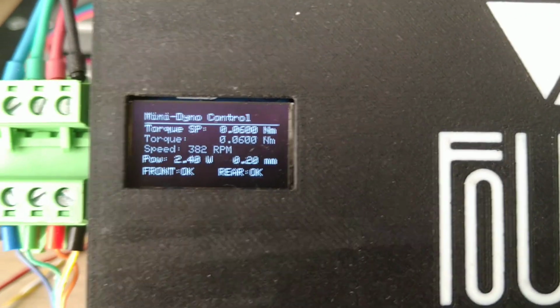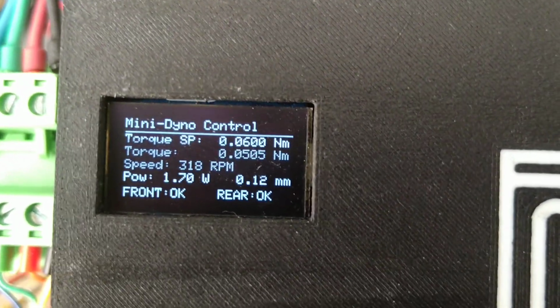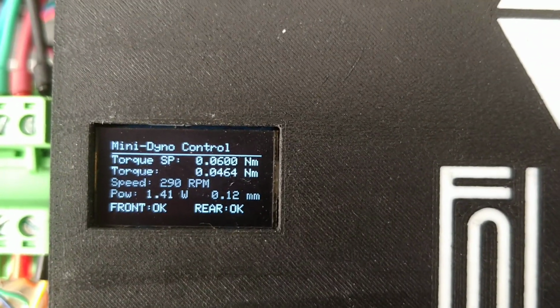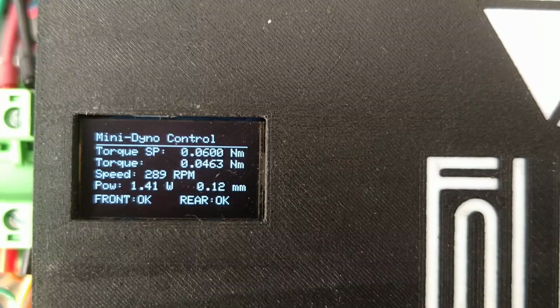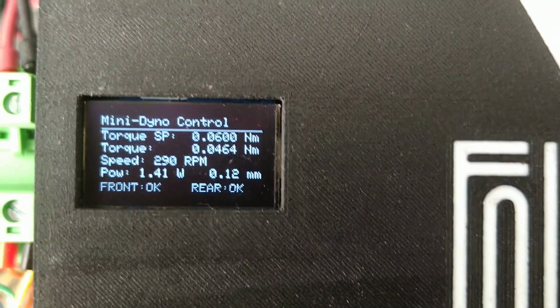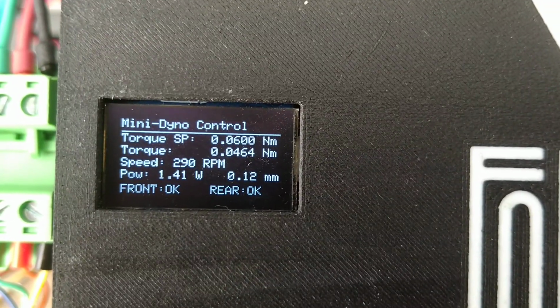And I will gradually start slowing the motor down and see what's going to happen. Now the system clearly cannot move any closer because the current gap is extremely short, 0.12 millimeters, and at this speed and at this gap the system cannot generate sufficient braking torque.